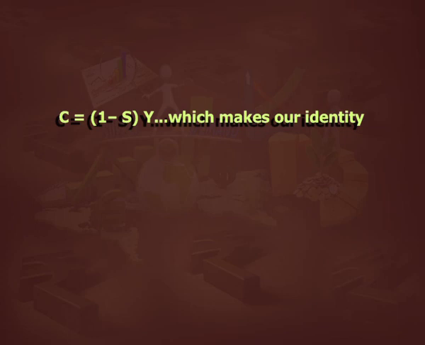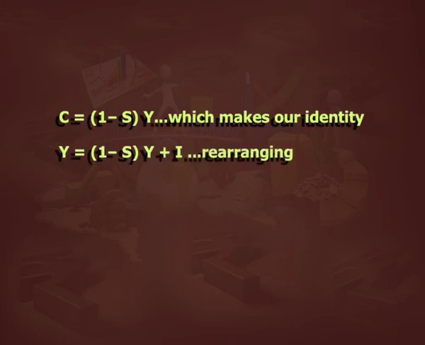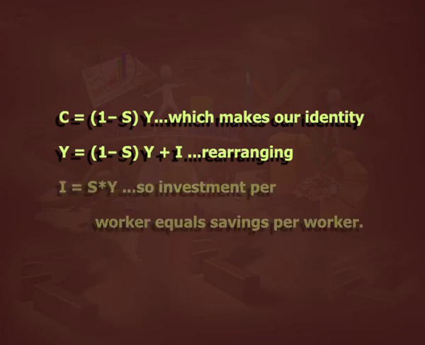Given a saving rate, say s, and a consumption rate 1 minus s, we can generate a consumption function as c equals (1 minus s) times y, which makes our identity y equals (1 minus s)y plus i. By rearranging it, i equals s times y.